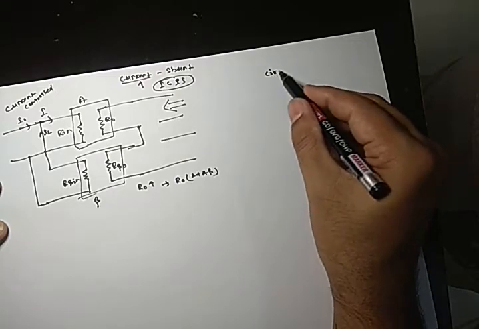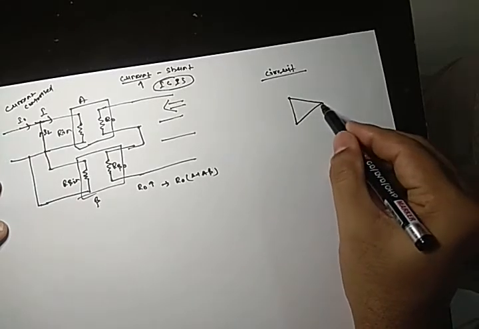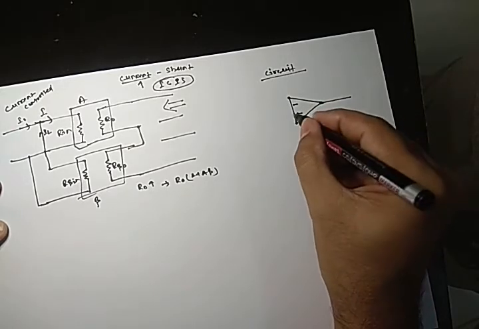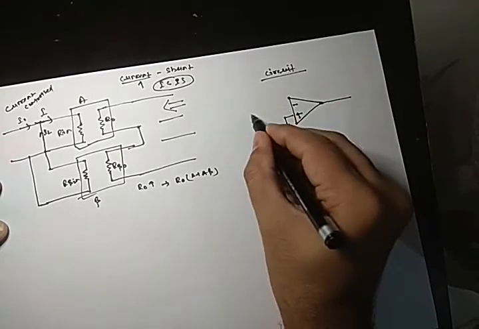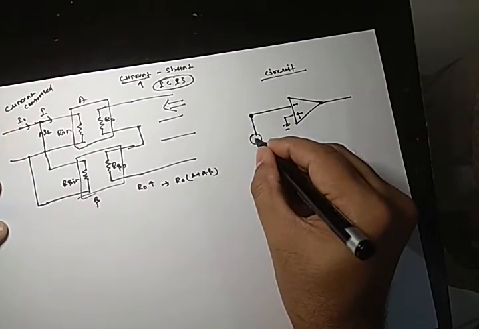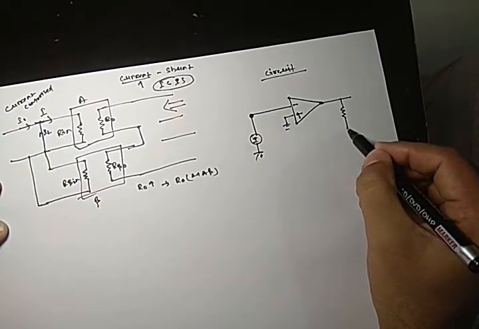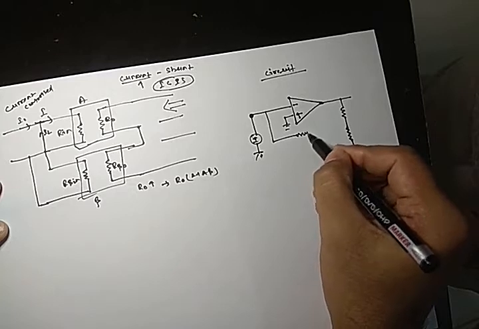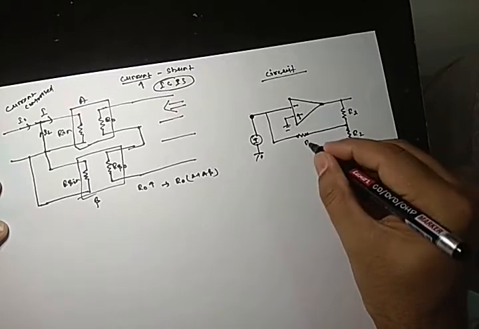Now the circuit, this is current controlled, meaning we have to put a current here. Now this is R1, this is R2, this is R3.